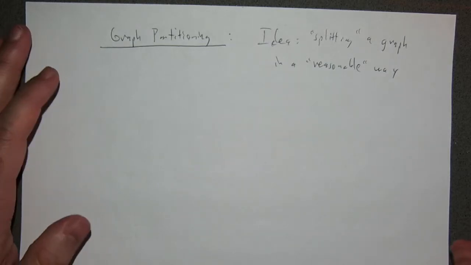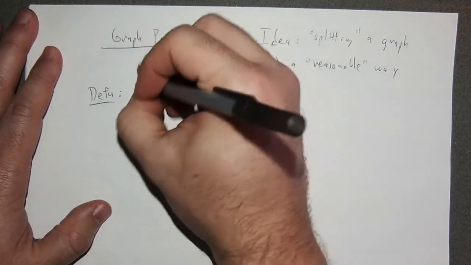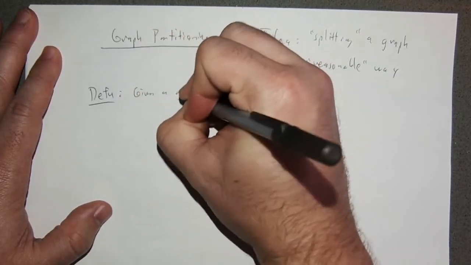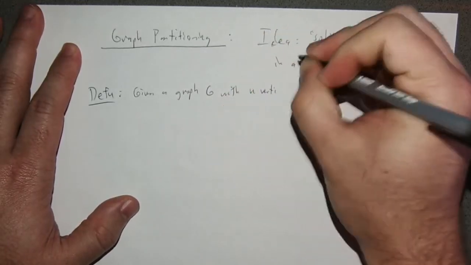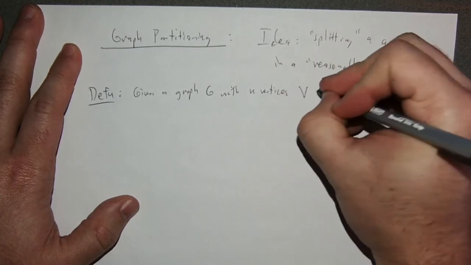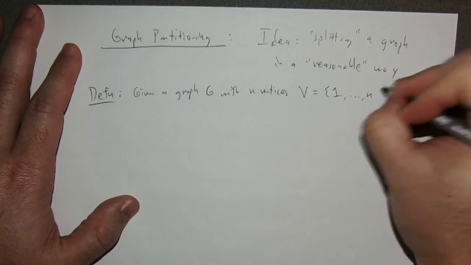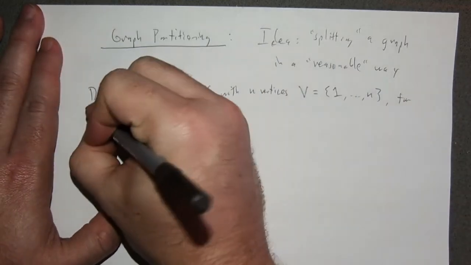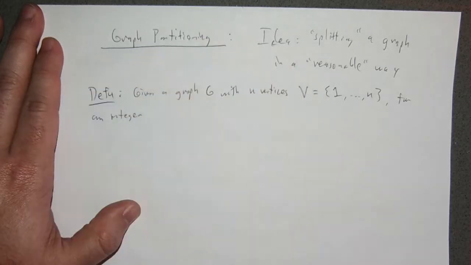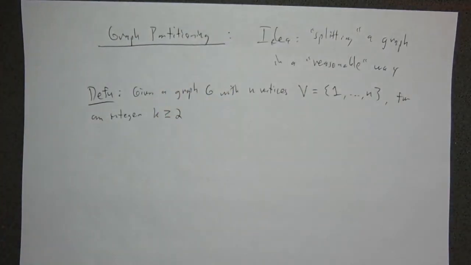Okay, so quick definition. Given a graph G with n vertices, we'll call the vertex set the set containing the numbers 1 through n. Okay, for an integer k that's bigger than or equal to 2. For our purposes, a 1 partition is not a partition at all. It's just the graph itself.